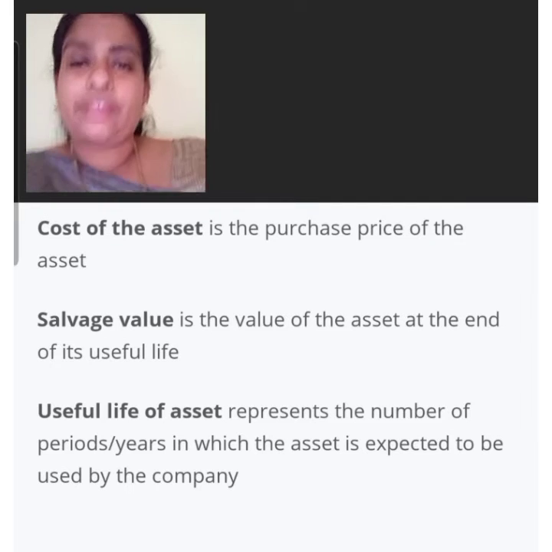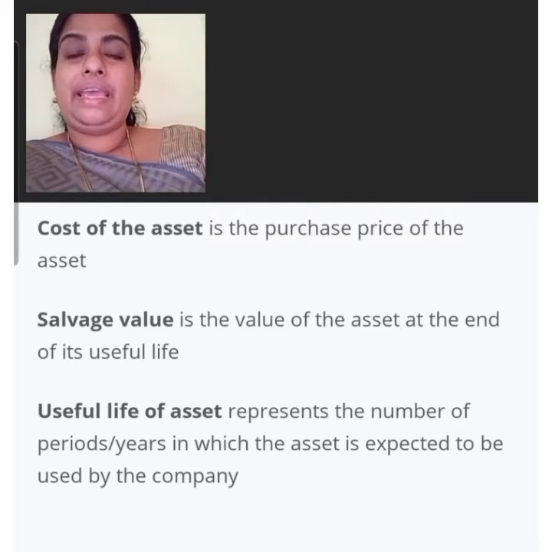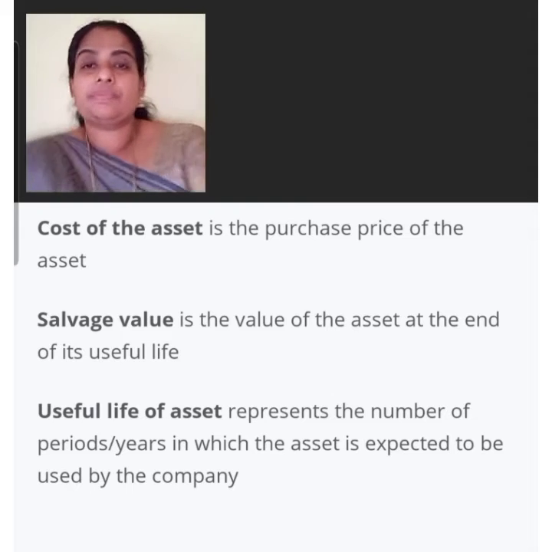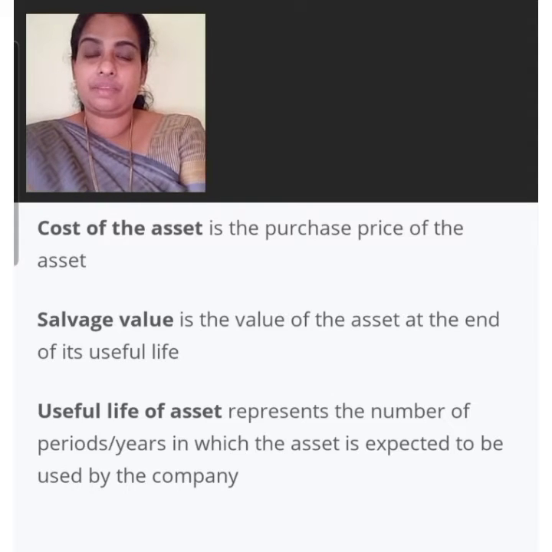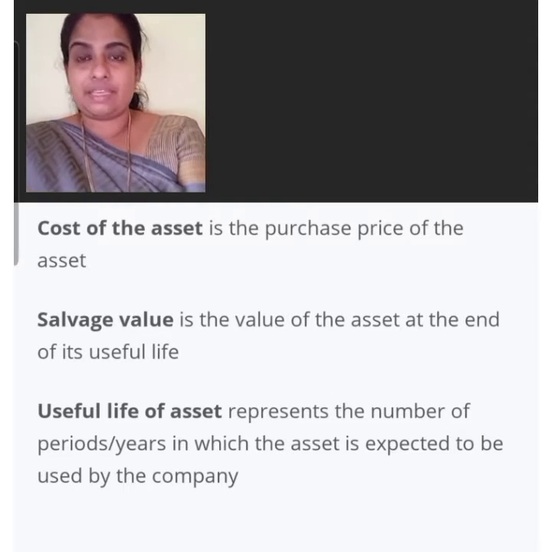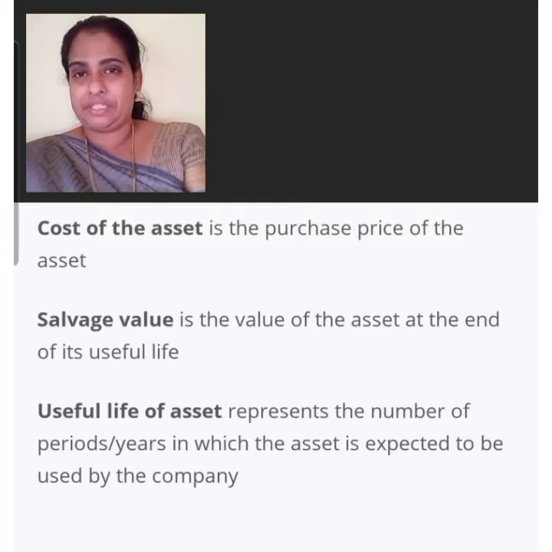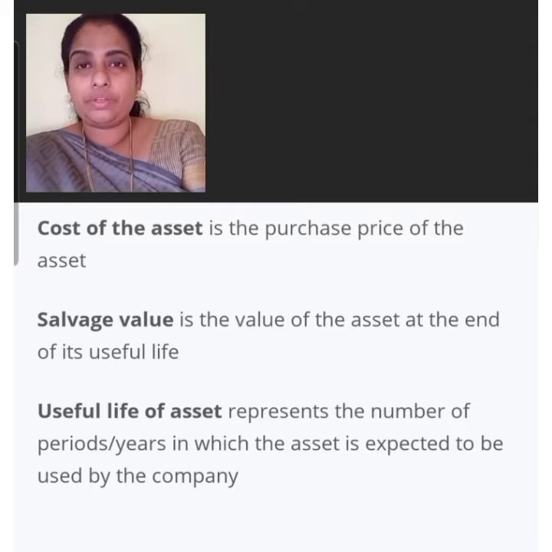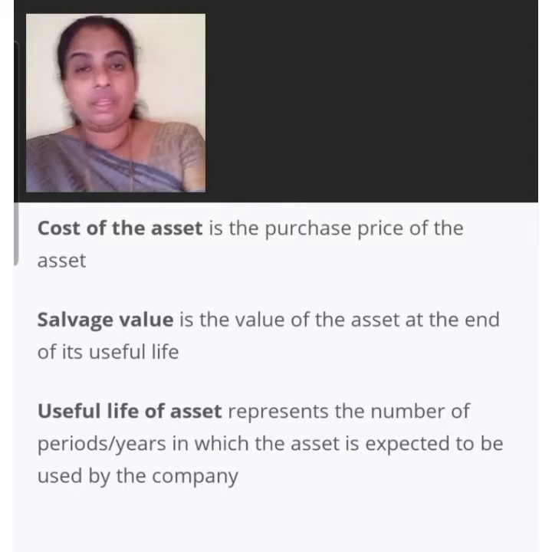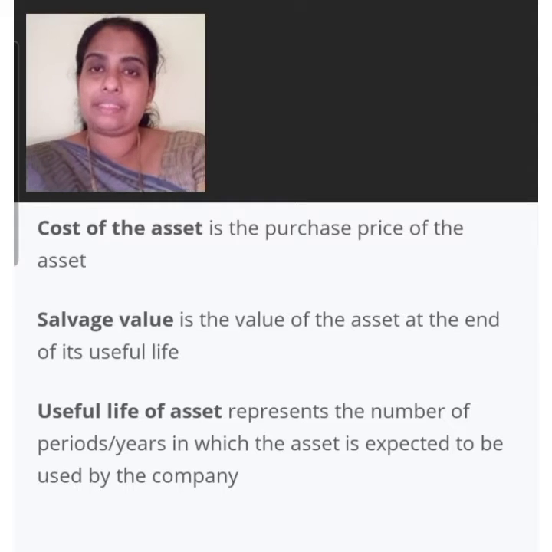Cost of the product or cost of the asset, estimated useful life of the asset, scrap value of asset, net residual value of asset. These are the important factors considered for calculating the amount of depreciation. Now we are going to study the term the original cost of the asset.